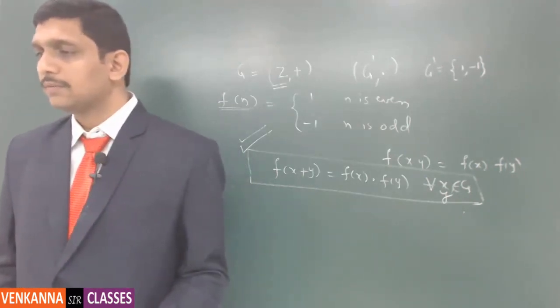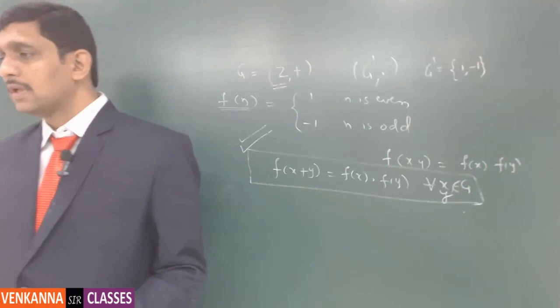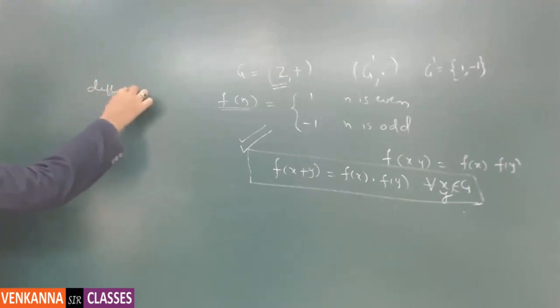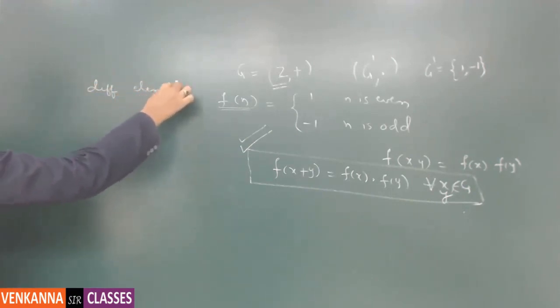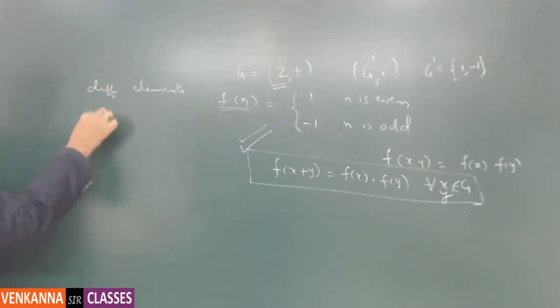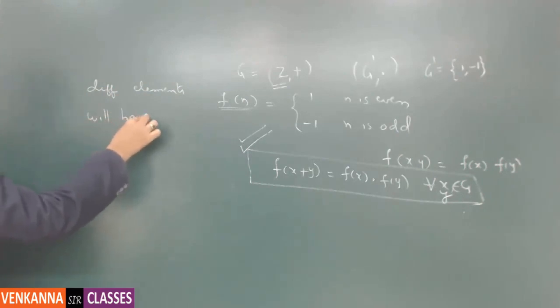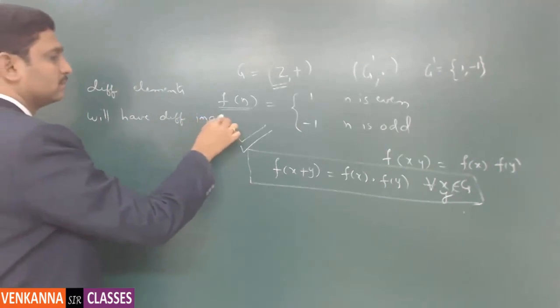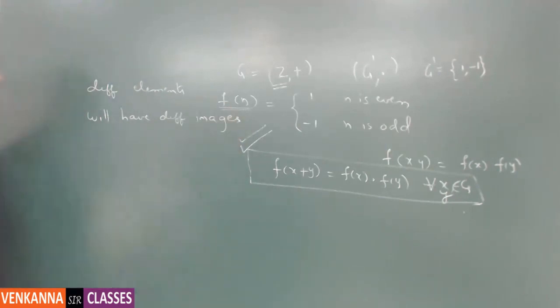I hope so. The general definition is: different elements will have different images. This is the definition of a one-one function. All of you agree? Have you known this or not?